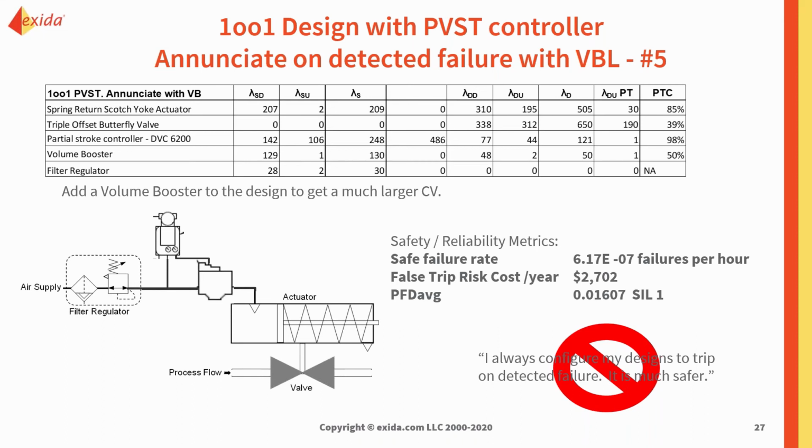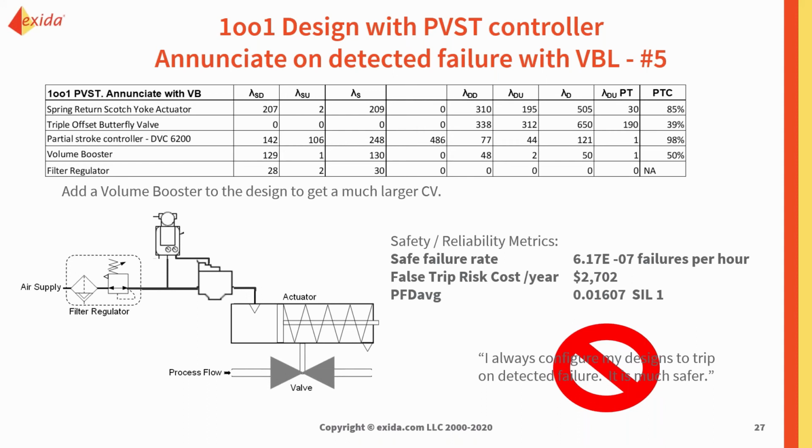Our safe failure rate is 6.17 e to the minus 7, and our false trip cost has gone up slightly. It's $2,702. Our dangerous failure rate is 1.33 e to the minus 6, and our PFD average is up slightly, 0.01607. But we're still SIL 1.